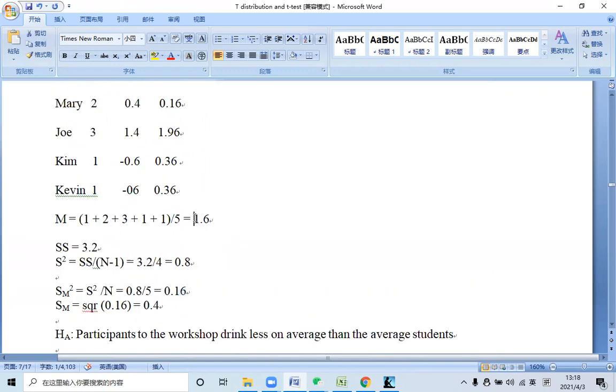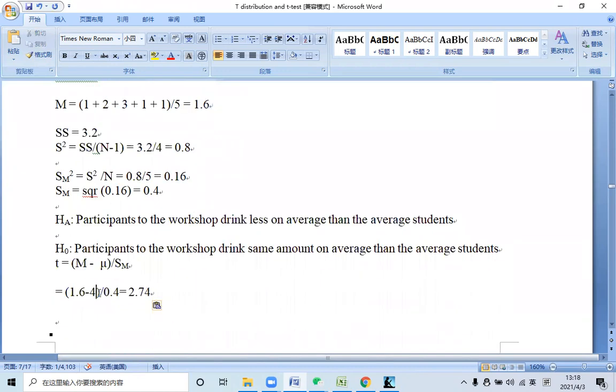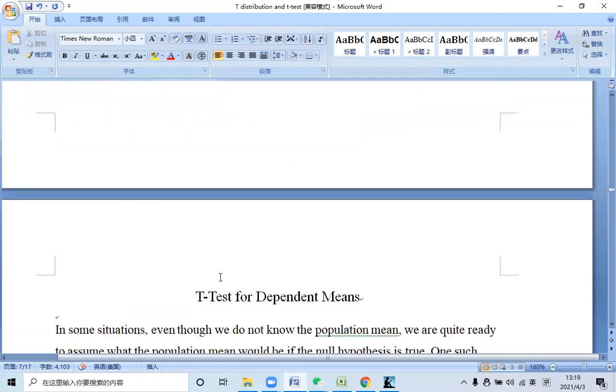On average, these 5 people had 1.6 beers. That's way less than the 4 beers on average. The standard deviation we estimated is 0.4, and the t-score is negative 6, which is more extreme than the cutoff.